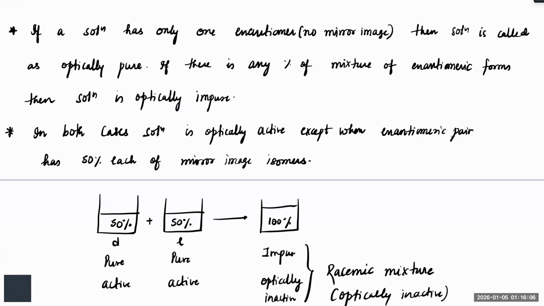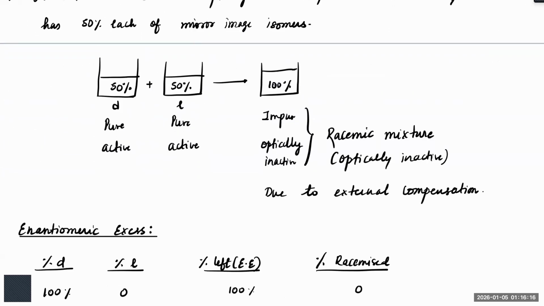In both cases the solution is optically active, except when the enantiomeric pair has 50% each. If both of them are present in 50%, that means I took 50% of dextro, 50% of levo mixed together, then the solution now becomes optically inactive.